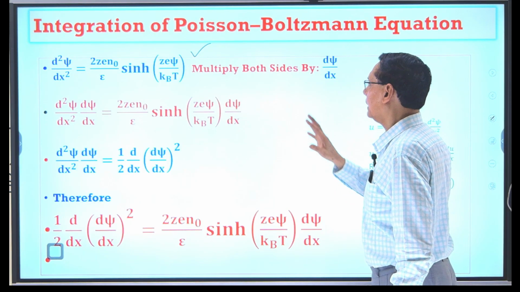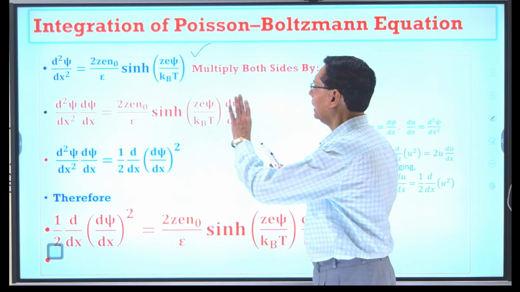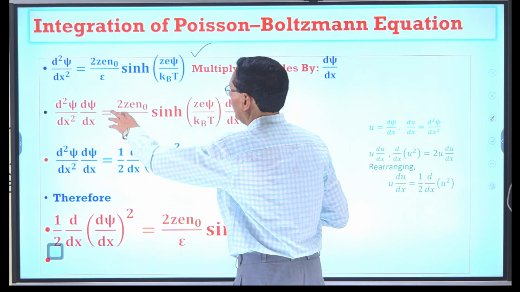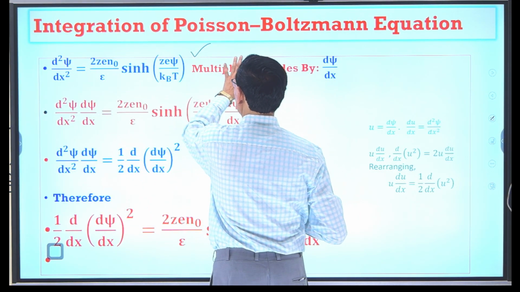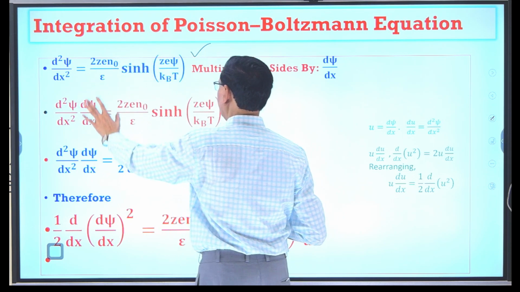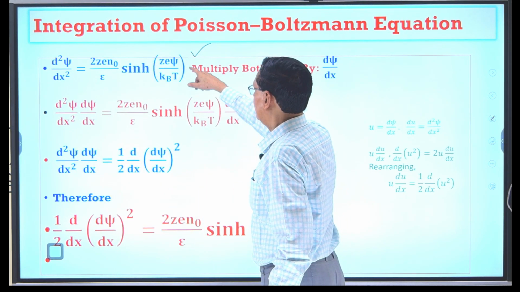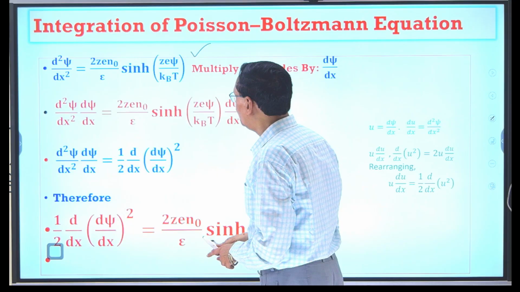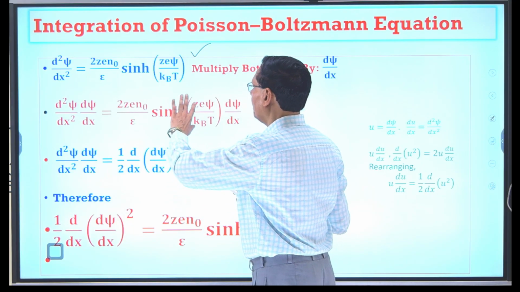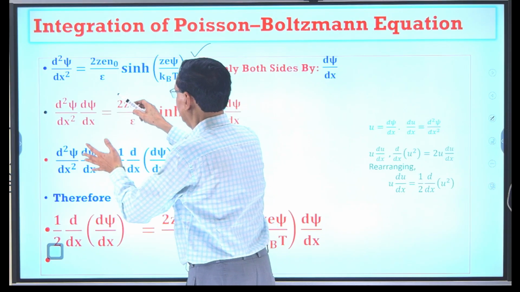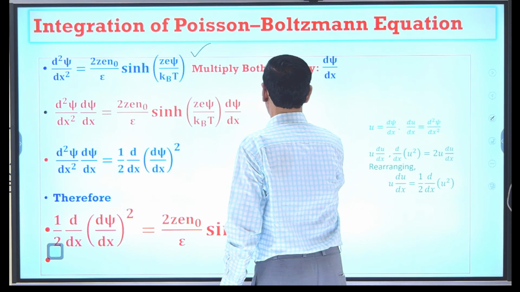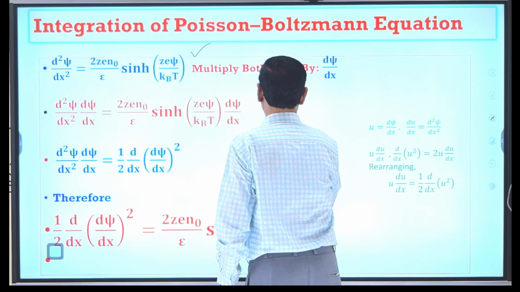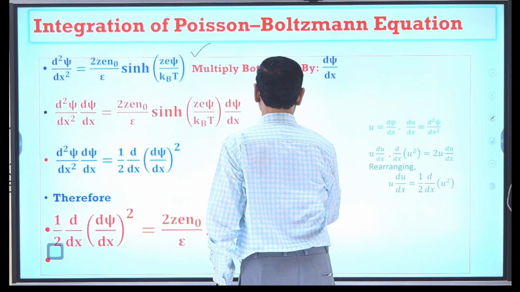But before integration, I'll do a very little bit of mathematics. You know that it is a non-linear differential equation because that psi is in the exponential part also. So what I do, if I multiply both the sides with d psi by dx, okay.